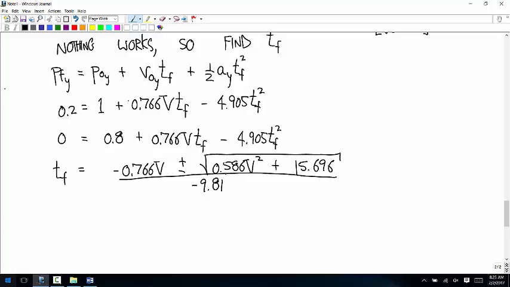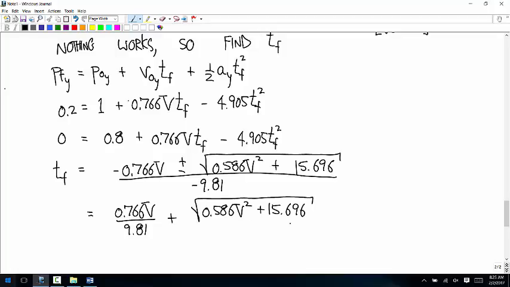So the only one of these that is going to turn out positive is 0.766 V over 9.81 plus the square root of 0.586 V squared plus 15.696, over 9.81.